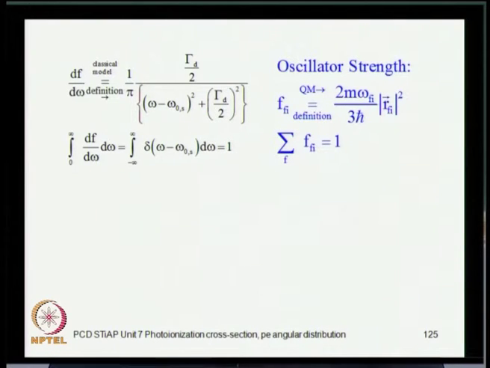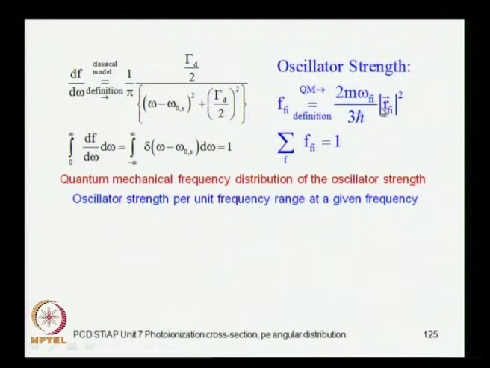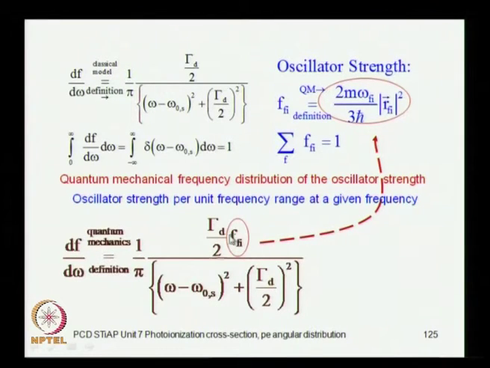So, there is a corresponding expression in quantum mechanics which gives the oscillator strength per unit frequency, and that is a very similar expression compared to the classical expression, but it incorporates this quantum mechanical expression for the matrix element of the position operator as well in the length form. So, this oscillator strength, this is the quantum mechanical expression.